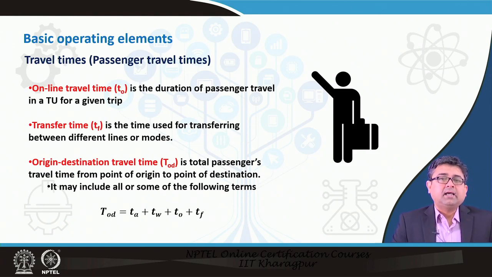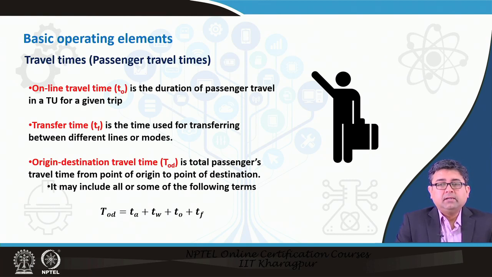Now, the online travel time is easy to understand. It is the duration of passenger travel in a transit unit for a given trip. So, it is actually the time when the passenger is on board a transit line. Transfer time is the time used for transferring between different lines or modes. Now you have different types of public transportation modes that you can take to complete your trip.